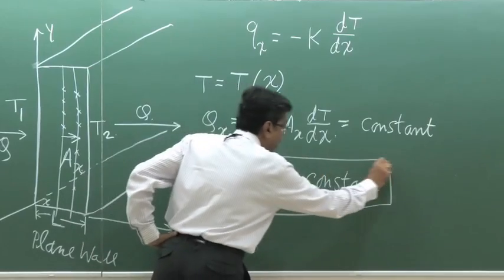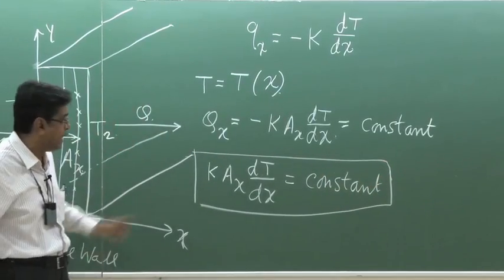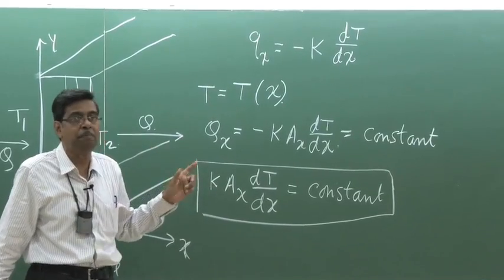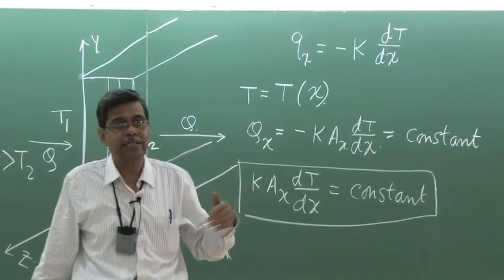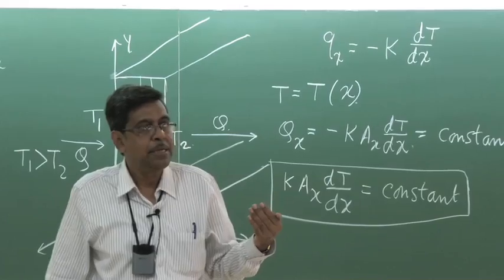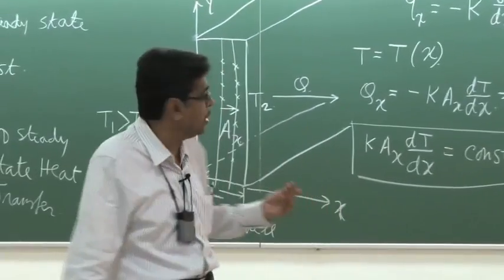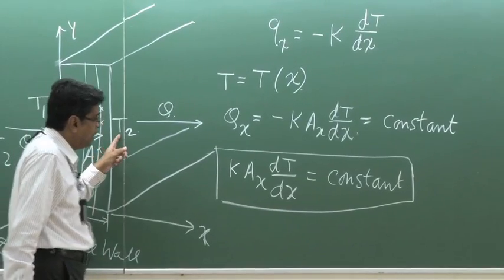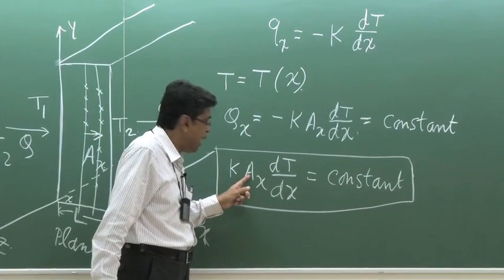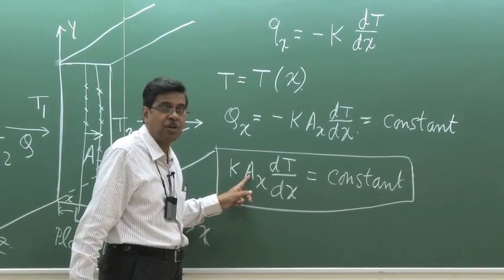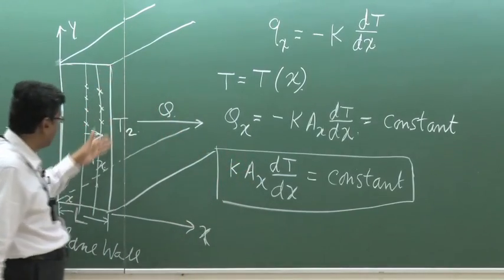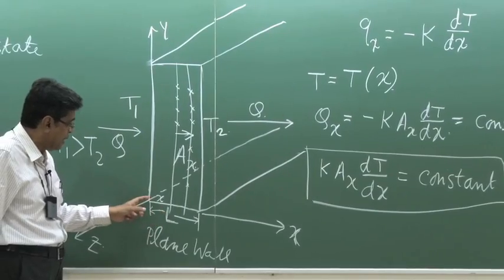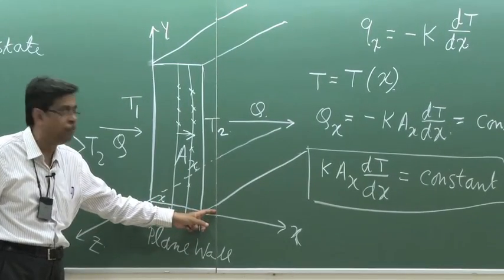Now, if we assume additionally that k is independent of the temperature and the direction, that means the material is isotropic and its thermal conductivity doesn't vary much within this range of temperature studied, and at the same time, if we consider Ax constant, that means the problem is defined for a plane wall. That means the cross-sectional area Ax is independent of the direction of heat flow x.